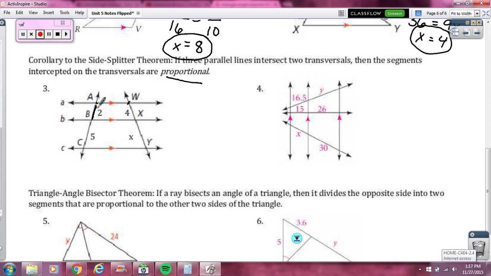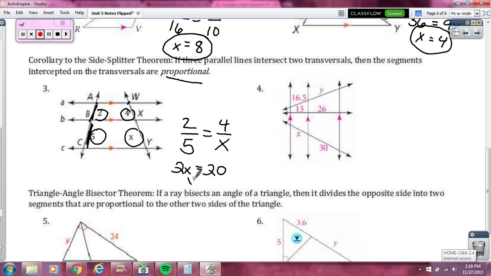We can set up something very similar where the relationship between 2 and 5, so these two guys over here, has to be the same as the relationship between 4 and x. Cross multiply, so 2x equals 4 times 5, which is 20, so x equals 10.